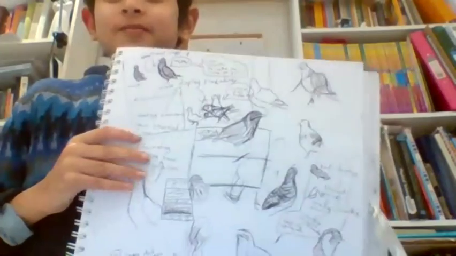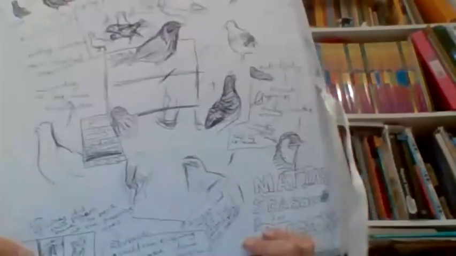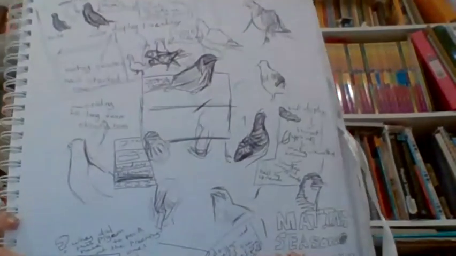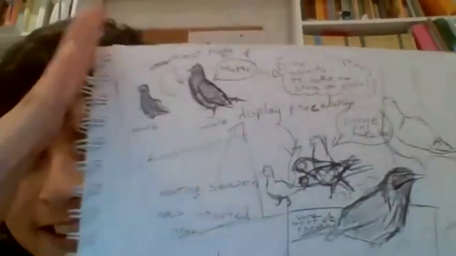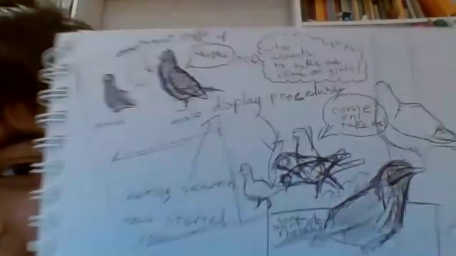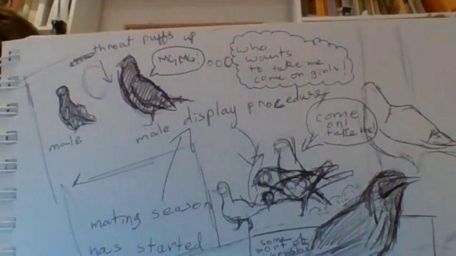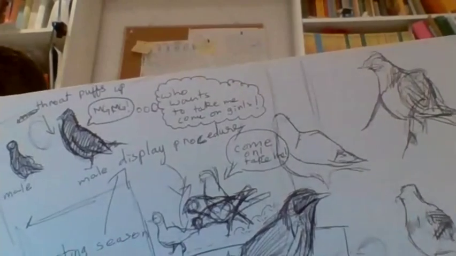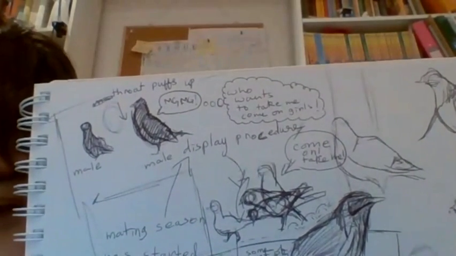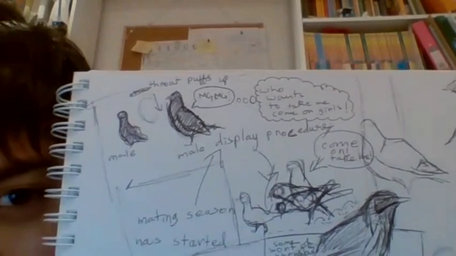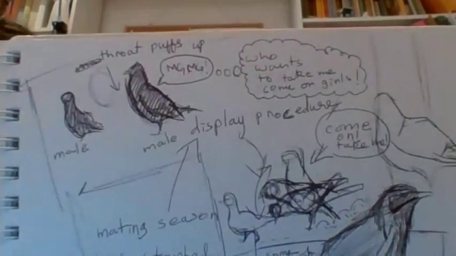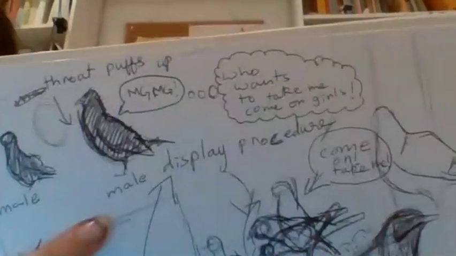Oh, that's fun. Oh, look at the one where it's going through all those different poses. That pigeon is really showing off. Oh, that's doing the dance. Yep. Like that. Come on, then, take me. That's so fun. And that's the female, and females always seem to tell the males, go away, I don't care. Oh, that's really fun.